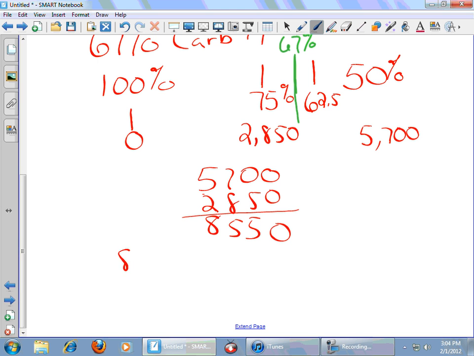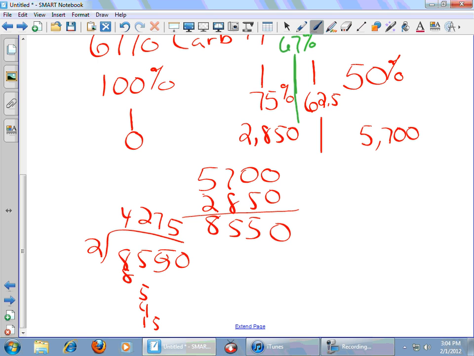So 8,550 divided by 2 is going to be 4, then 2, then 15 is going to be 7, and then a 5. So that means right here is going to be 4,275 years old. I don't know why I added an extra 0 there.